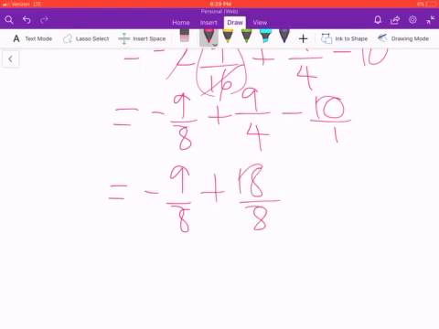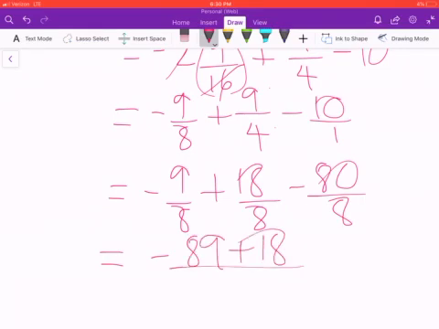I'm multiplying by 2, top and bottom, and then here it will be negative 80/8. So then total, we'll have negative 9 plus 18 minus 80 divided by 8. And so that is going to give me, I'm actually going to put it on my cell phone calculator because I don't want to make a mistake.